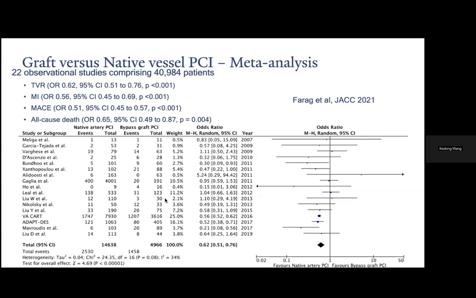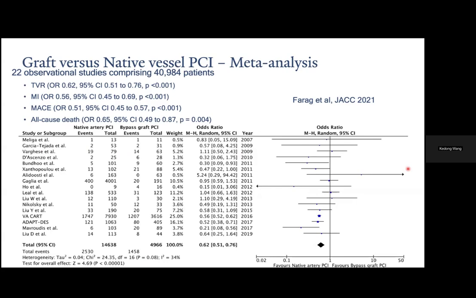Based on all these observational studies, a meta-analysis was conducted. This is a large pooled meta-analysis cohort of 40,000 patients, including all of the trials we mentioned, comparing native vessel versus vein graft PCI. In general, what the authors found was a substantial odds ratio of about 50%.